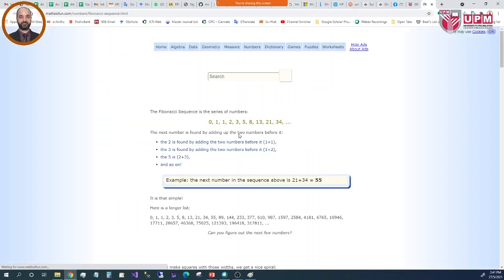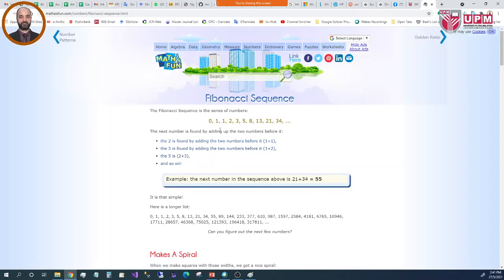So if you go here, you can see 0 1 1 2 3 5 8 13 21 and so on. Here, the Fibonacci sequence is the series of numbers like this. The next number is found by adding up the two numbers before it. As simple as that. The 2 is found by adding the two numbers before it, which is 1 plus 1.